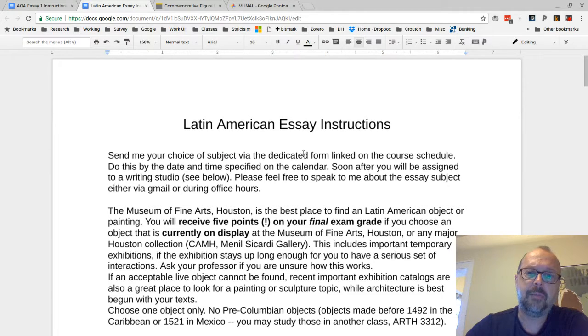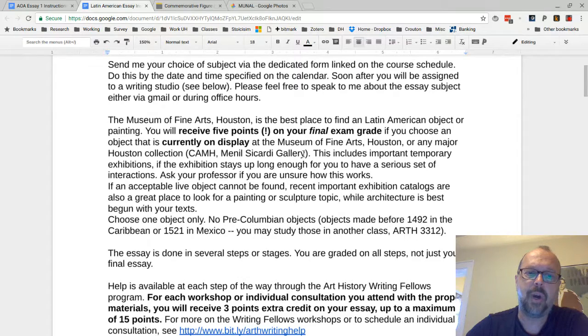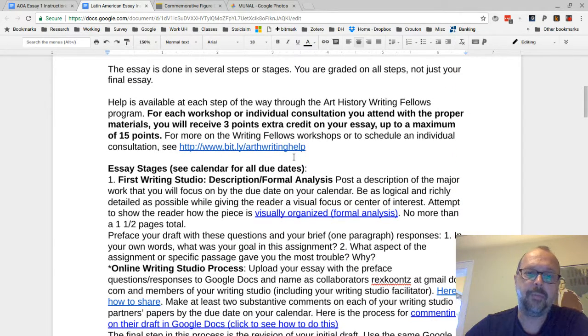With Latin America, the essay instructions require only one object, right? But it's the same idea: they start by describing, by translating that visual experience of the object into prose, and they revise it so that it is logical. Now, the Latin American course doesn't stress nearly as much the idea that they have to stand in front of it or go to a museum and find that object.